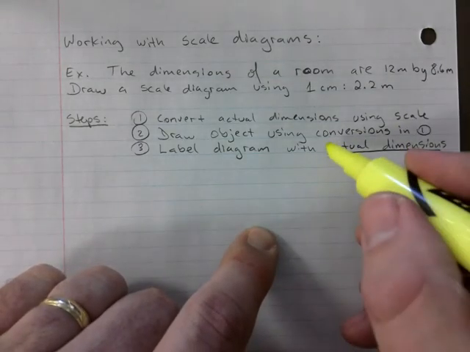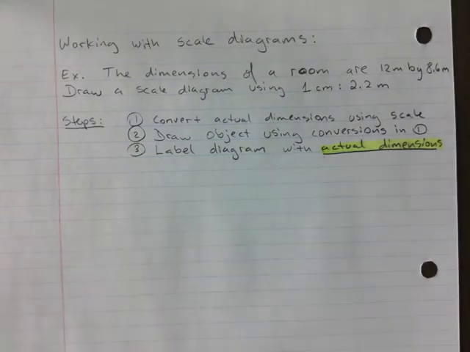We use actual dimensions when we actually label that thing. If you have a ruler today, great. If not, you're just going to have to wing it.